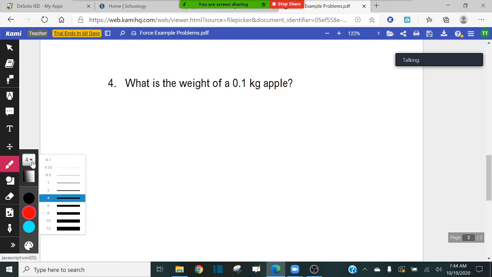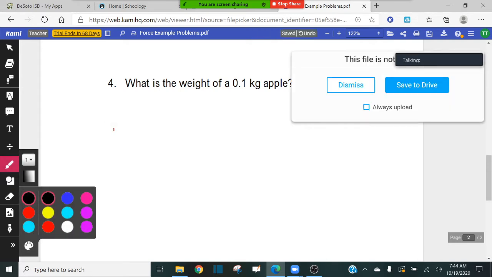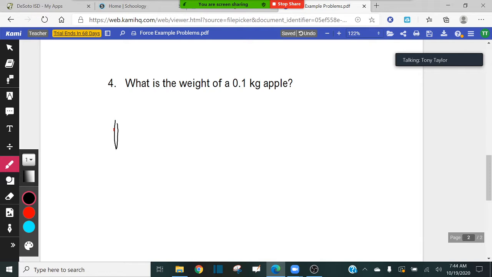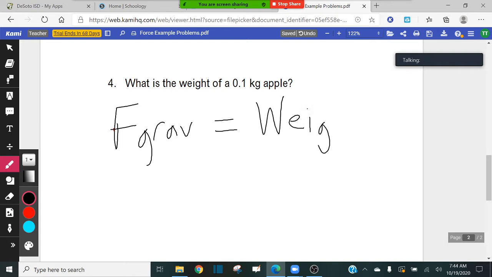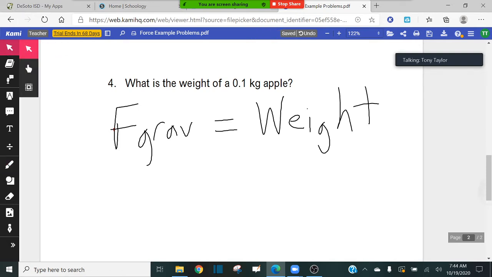So with that said, since the scale is basically measuring gravity indirectly, we would say that the force of gravity is equal to an object's weight.